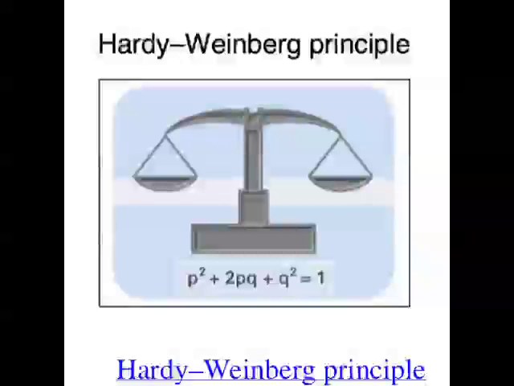So a quarter of the organisms in the population would be homozygous big B. And the proportion of organisms which had a genotype big B, little b, so were heterozygous, would be 2PQ, or 2 times a half times a half, which would be equal to 2 times a quarter, which is equal to a half. So a half of the organisms in that population would have the genotype big B, little b.